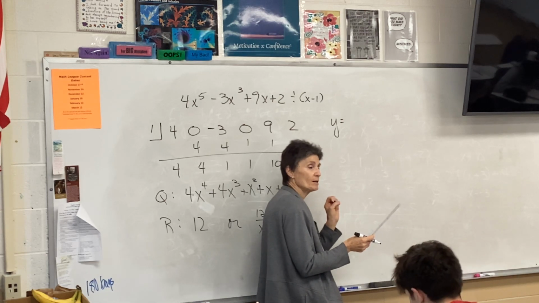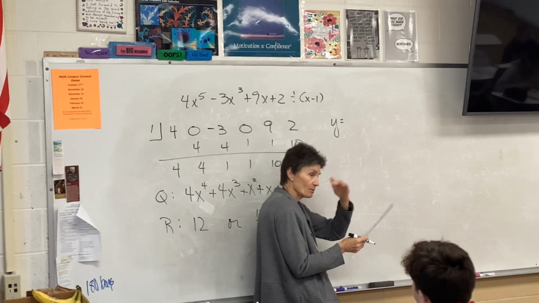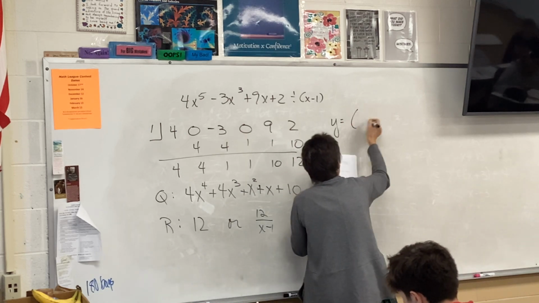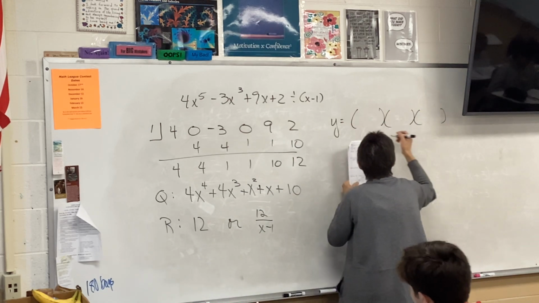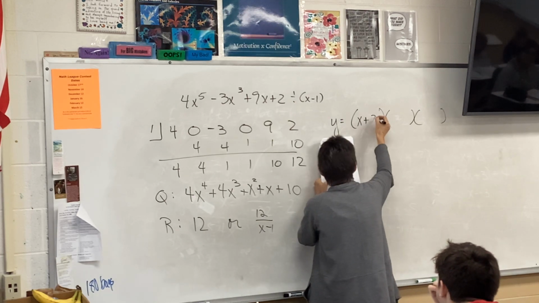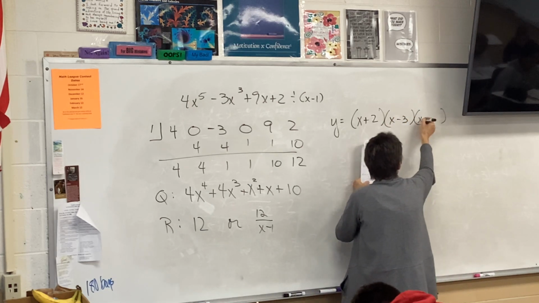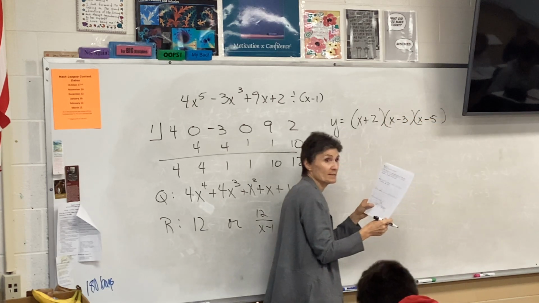How do I know there's gonna be 3? There's 3 dots on the x-axis, we call them x-intercepts, there's 3 of them. So here are my 3 parentheses, and I'm just gonna go in order: x plus 2, x minus 3, and x minus 5. Is that good for my parentheses?